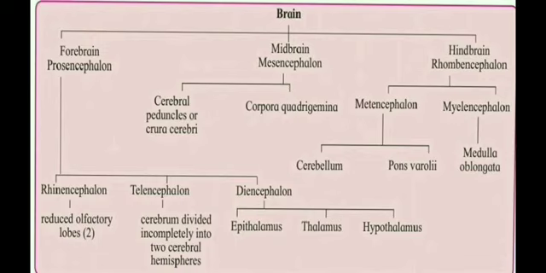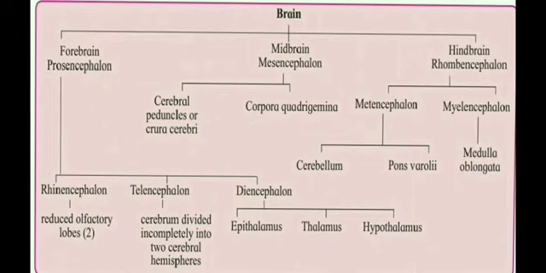Telencephalon or cerebrum forms the major portion of the brain, and diencephalon consists of three parts: epithalamus, thalamus and hypothalamus. Coming to the next part, your midbrain or mesencephalon. It consists of two parts, crura cerebri and corpora quadrigemina.